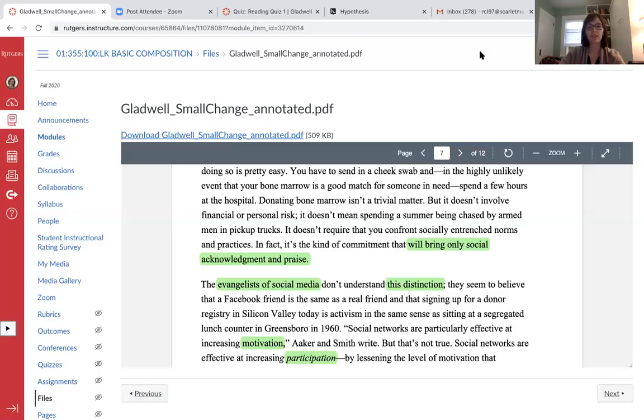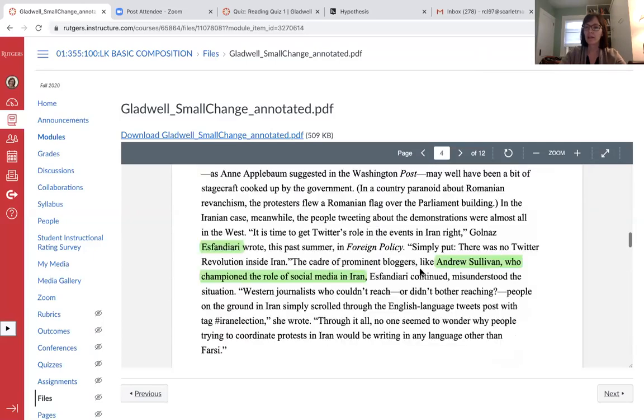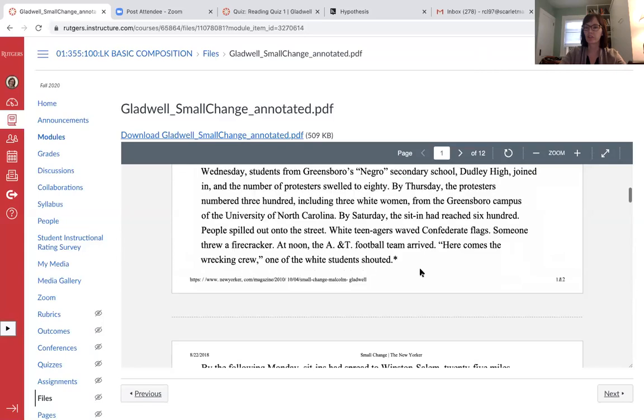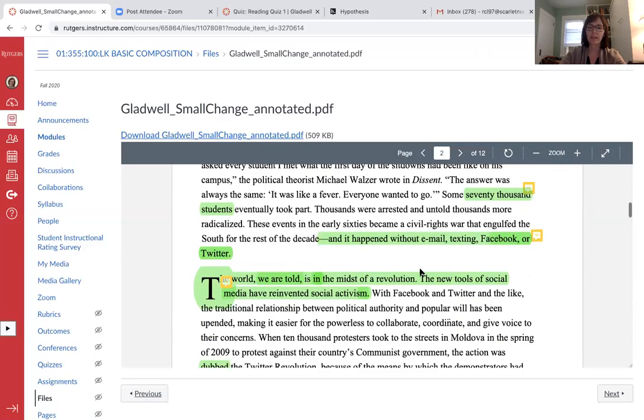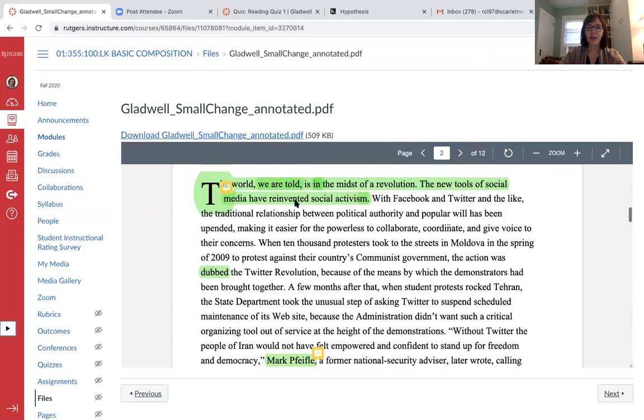Okay, so you've had a chance to roll through the annotations from the Gladwell article here. And yeah, there are several examples of digital evangelists, right? Perhaps the most apparent is in the paragraph that we've paid the most attention to, when talking about Gladwell.